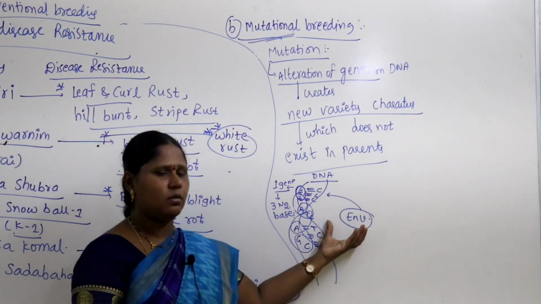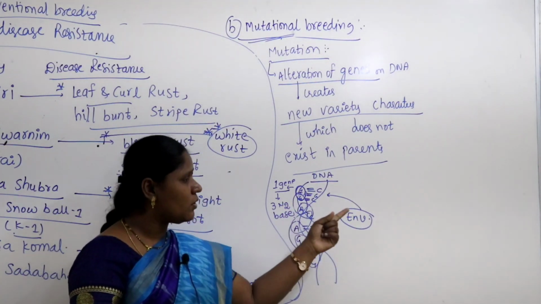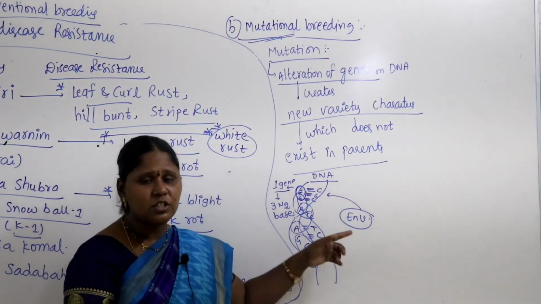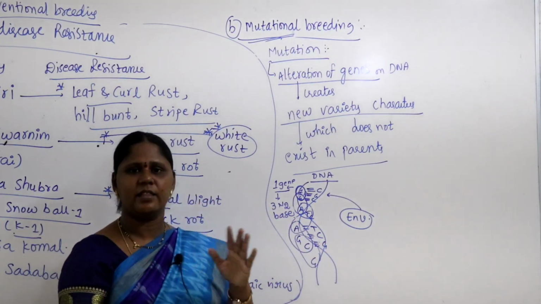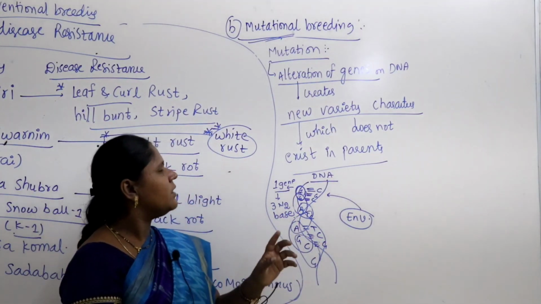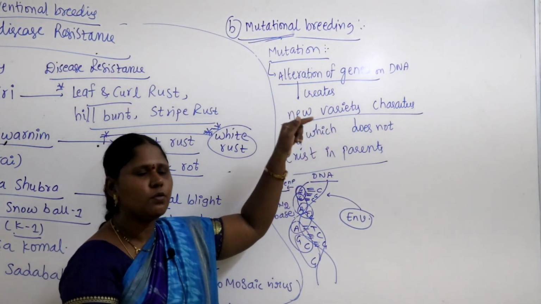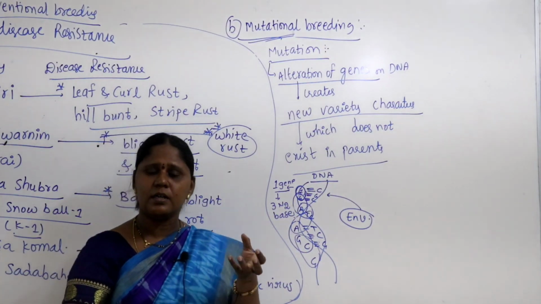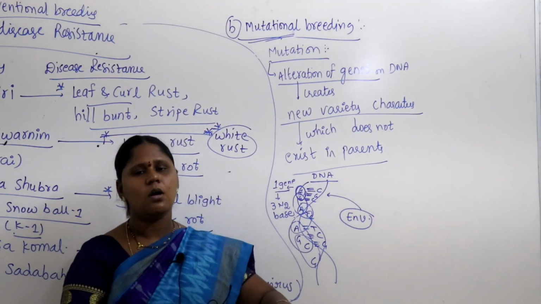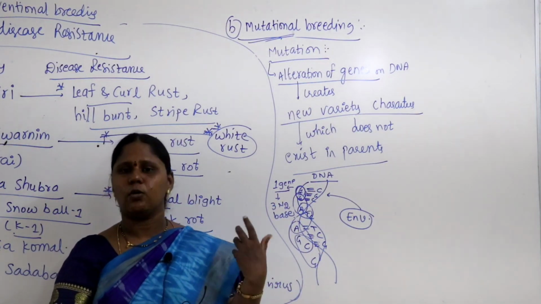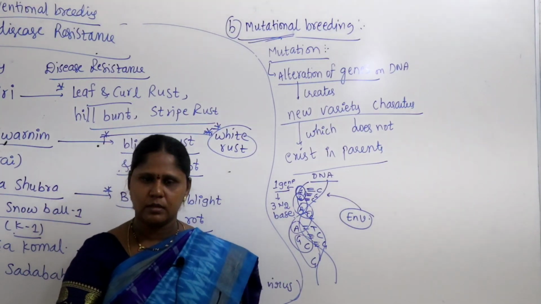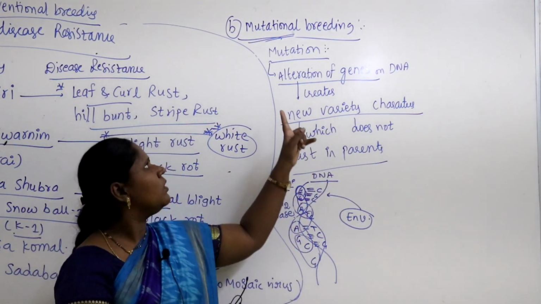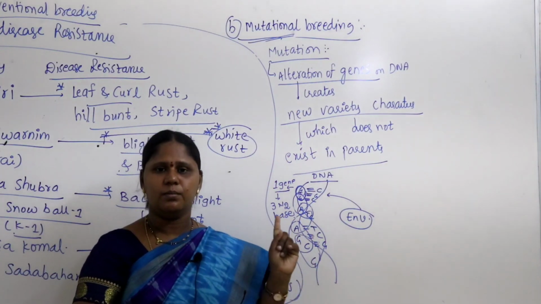So whenever DNA is modified because of environment, genes are altered here and there. As a result, there may be a chance of producing a new character which wasn't there in the parents. That is, a new character that is not in the parents gets incorporated into the offspring. That is how it is possible, and that is how we remember mutation breeding.